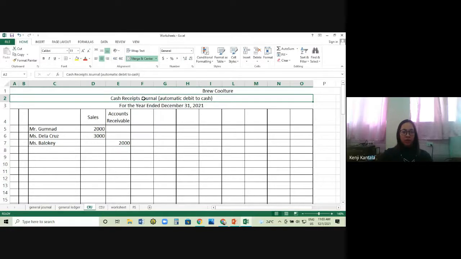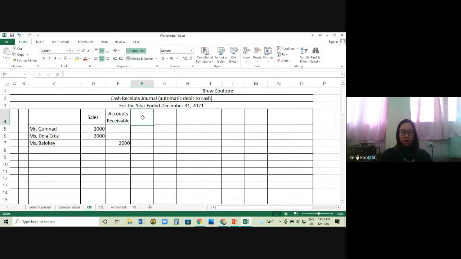We will use our cash receipts journal. So meron tayo dito business loan. So sabihin natin kay BDO tayo. We have here at 10,000. And then we also have personal investment.